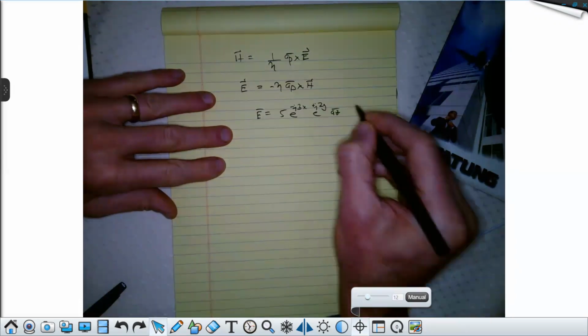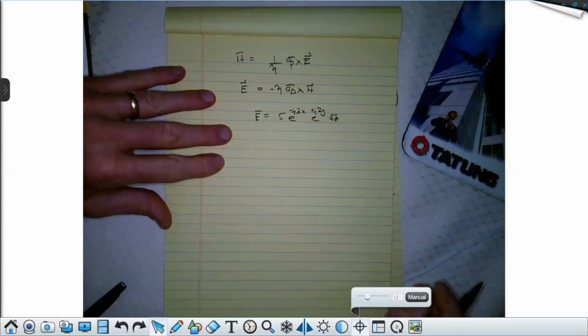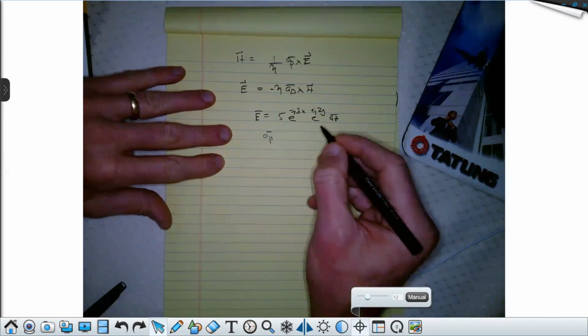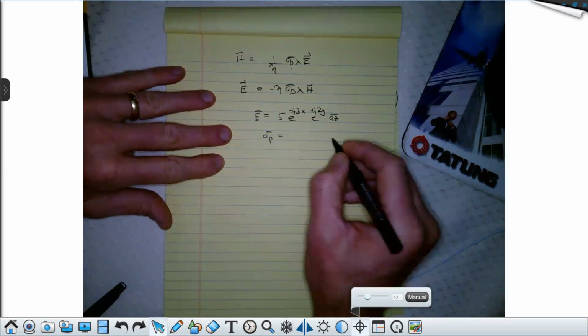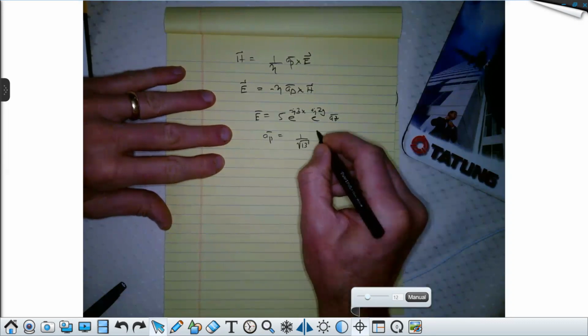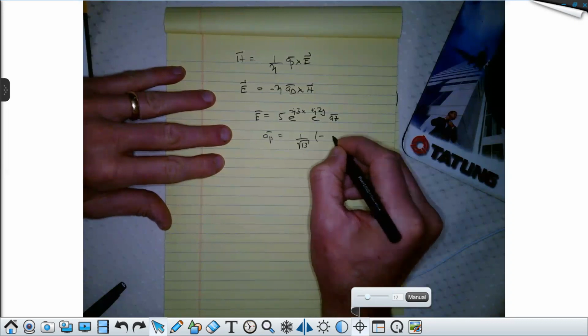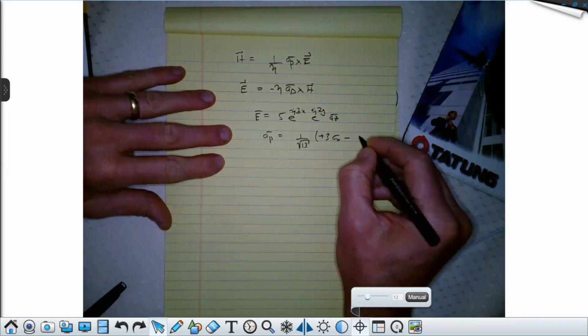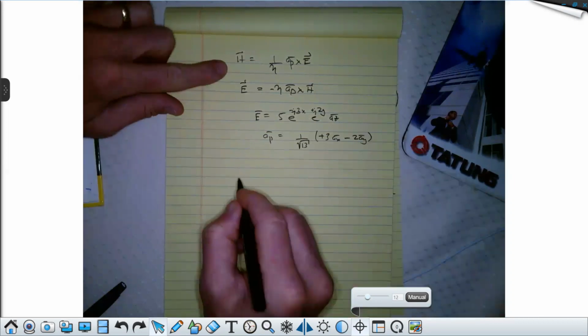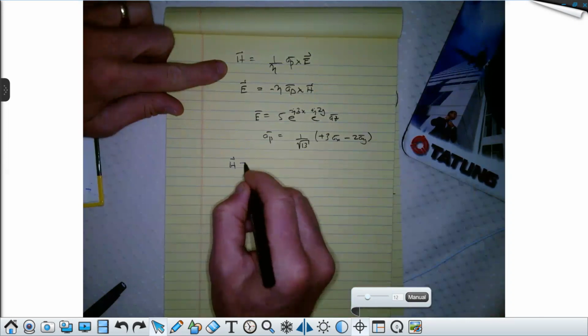Do you agree with that, everyone? We have a unit vector of propagation equal to 1 over the square root of 13, and it's equal to plus 3ax minus 2ay. And now if we want H, this is the vector phasor form, I have 1 over eta.